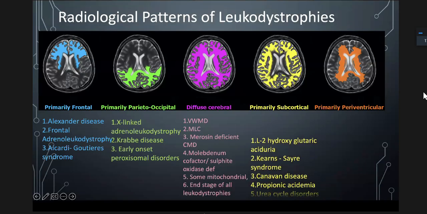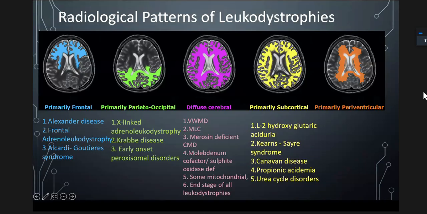Now, primary subcortical ones are very rare and very few. The first three are the most important ones: L2 hydroxyglutaric aciduria, Kearns-Sayre syndrome, and Canavan's disease, of which Canavan's is relatively common compared to the other two.